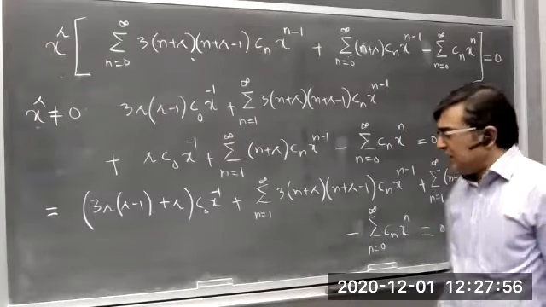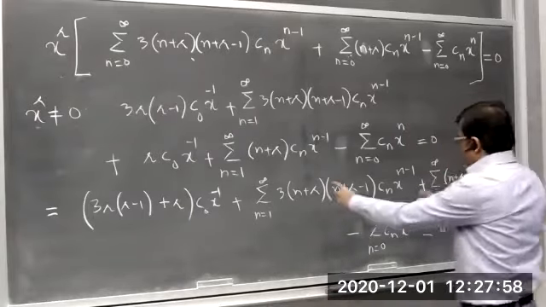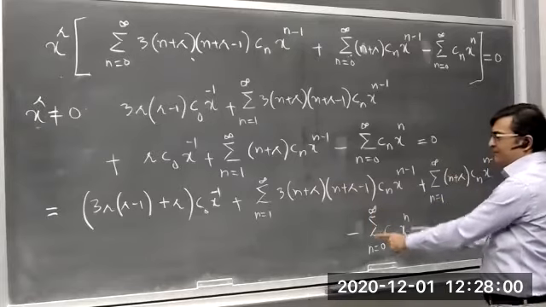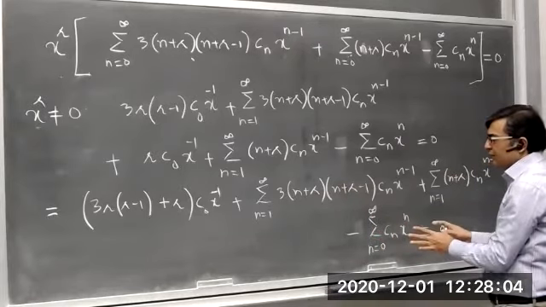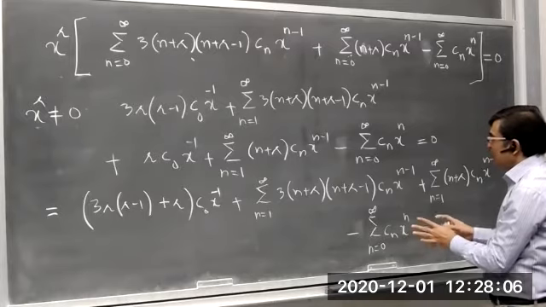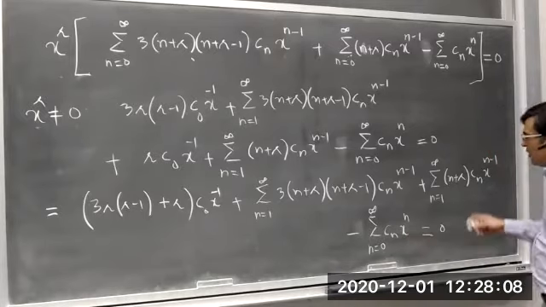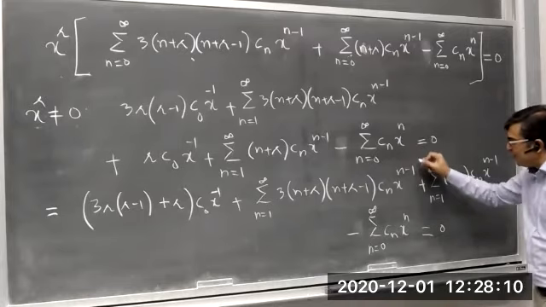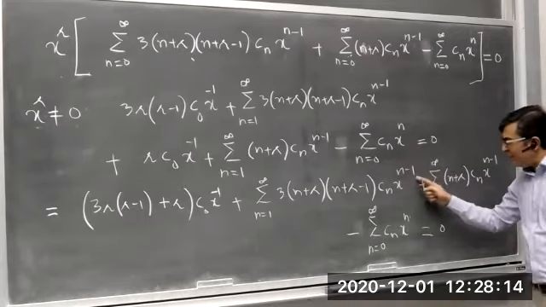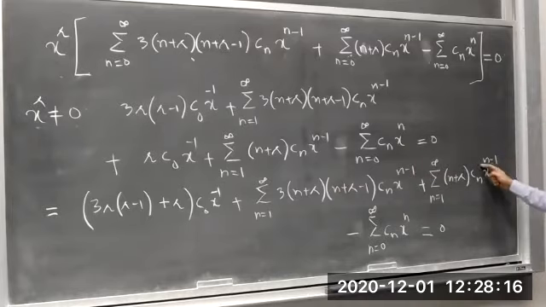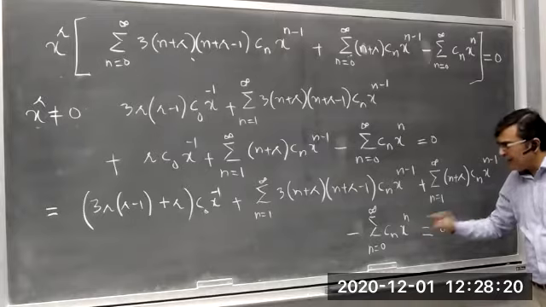Now, what we do about these three series, we do the same thing we did basically in the method of power series. Now we try to make these exponents identical in all these three series. Here we have exponent n minus 1, here we have n minus 1, and here we have n.